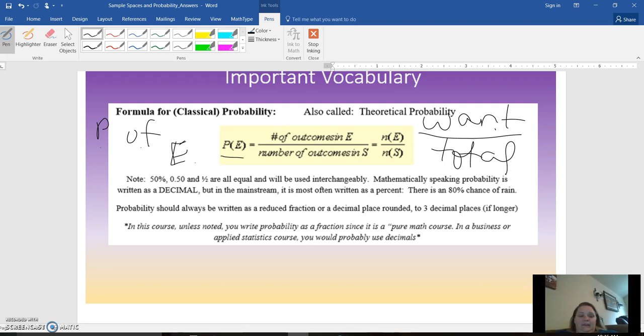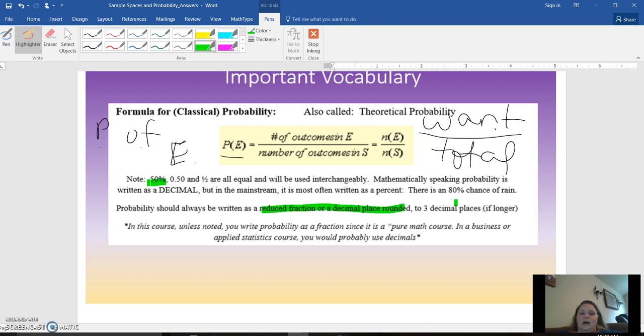And so a couple of things. In this class, we're going to do a reduced fraction or decimal. The rounding is going to vary. In mainstream society, they use percentages because people find decimals and fractions confusing.